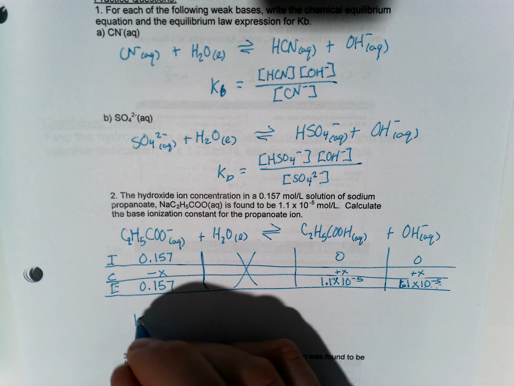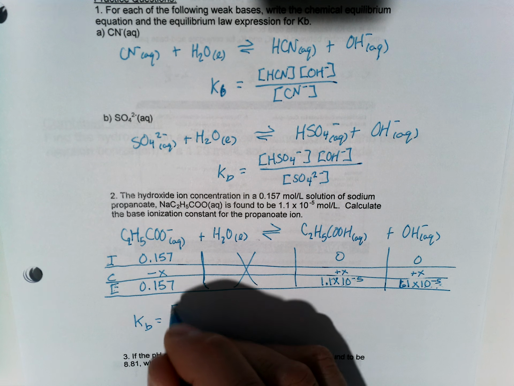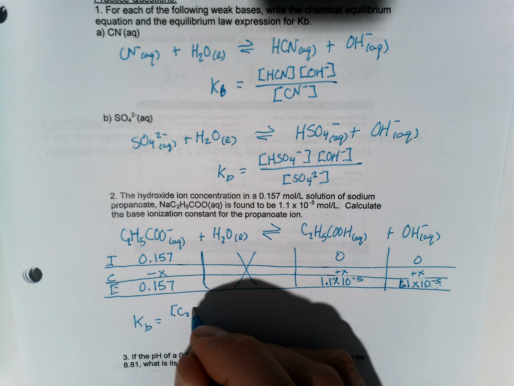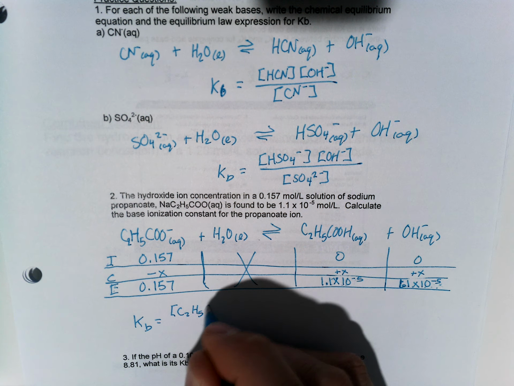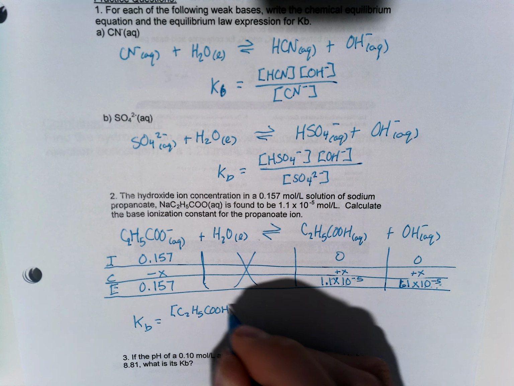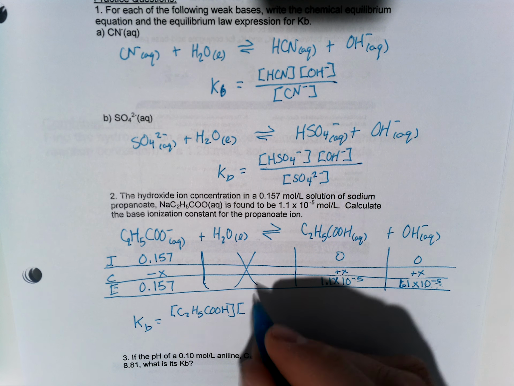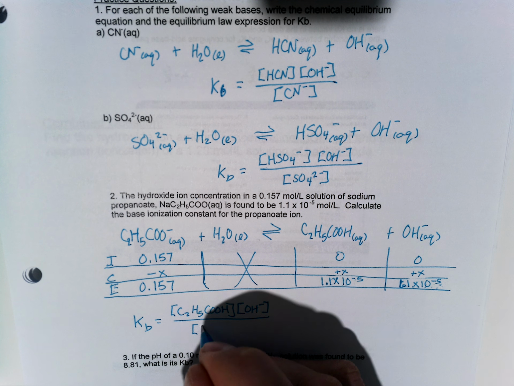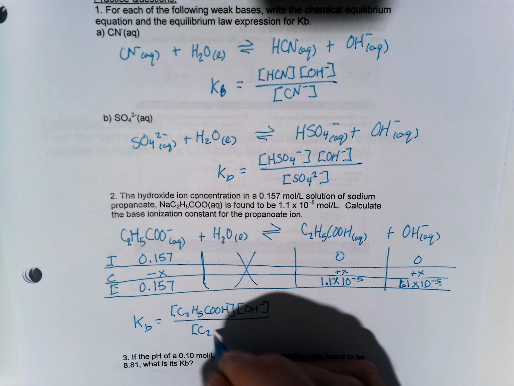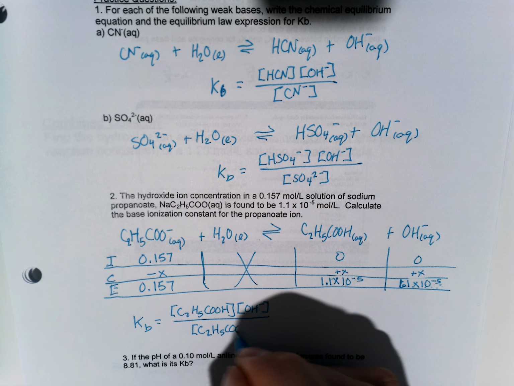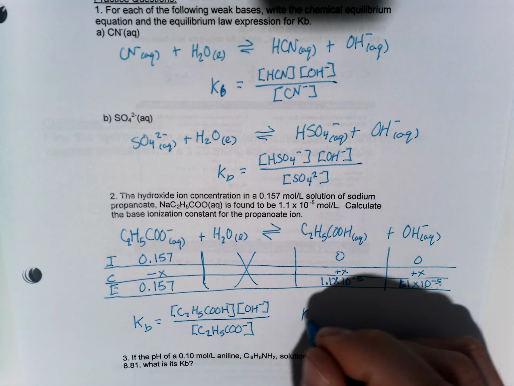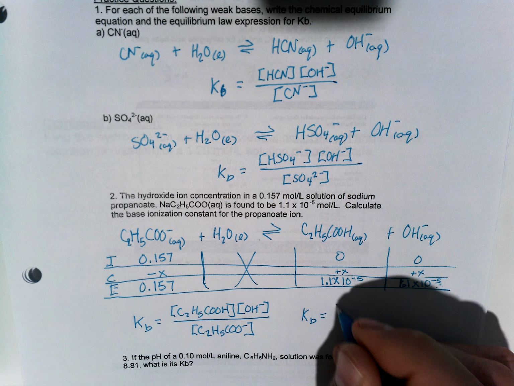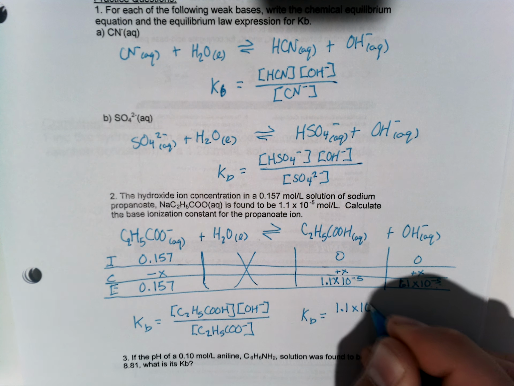Okay, now for our Kb, it's going to be our conjugate acid, okay, times our concentration of our hydroxide divided by our concentration of our weak base that we started with. Okay, put our numbers in. So we got 1.1 times 10 to the minus 5.